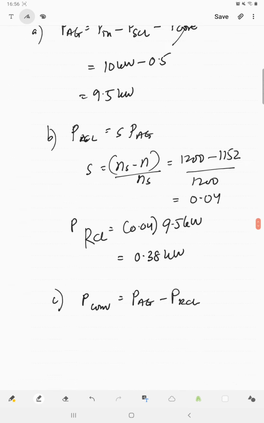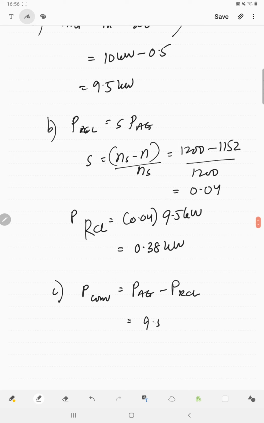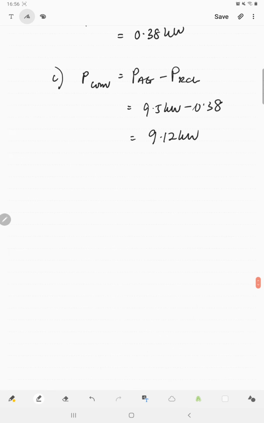So the air gap power is 9.5 kilowatt, the rotor copper losses is 0.38, so this will give you 9.12 kilowatt.